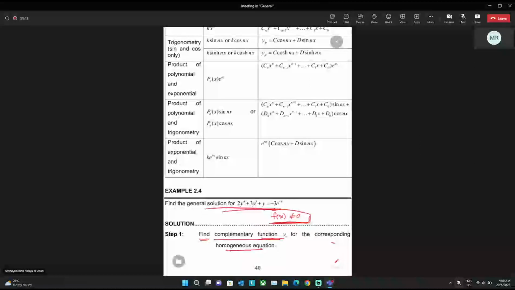For the homogeneous equation, we have 2y double prime plus 3y prime plus y equal to 0. Change your f(x) equal to 0 directly for the first step.